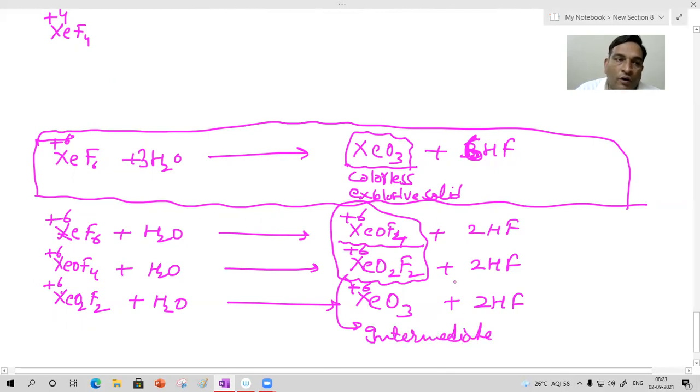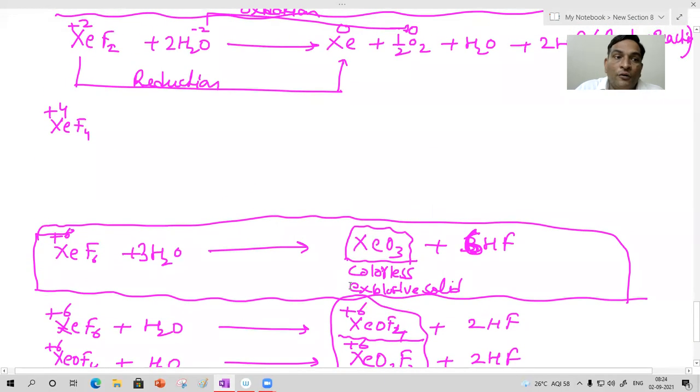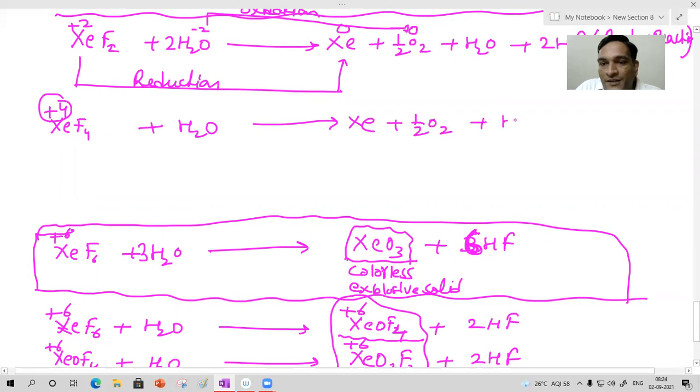Now, one trick is involved. We are getting the product from XeF2 and XeF6. What is the oxidation state in XeF2? Plus 2, XeF6 plus 6, and XeF4 plus 4. So we get the average oxidation state, so we are getting the average product. That is the trick, my dear. Xenon plus half oxygen plus HF plus XeO3.